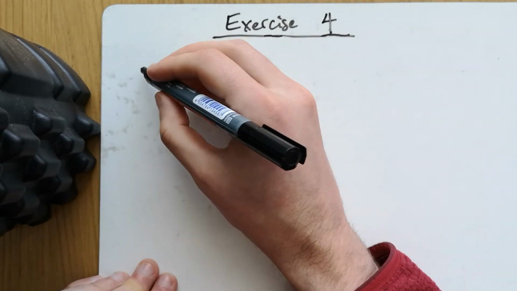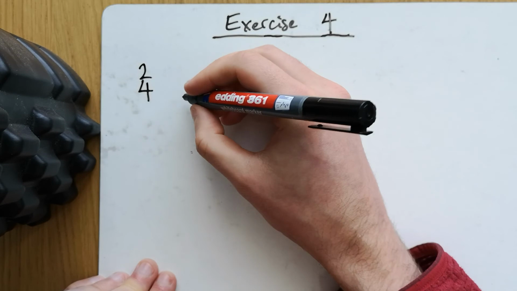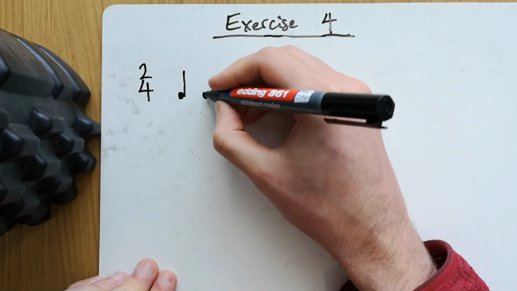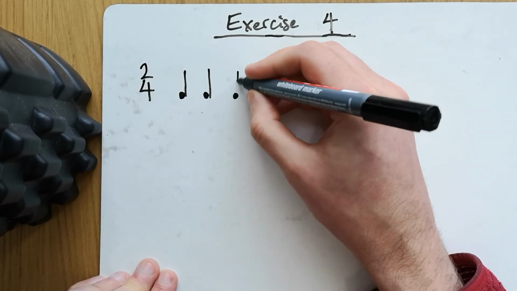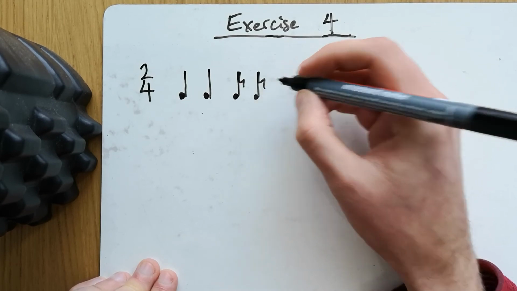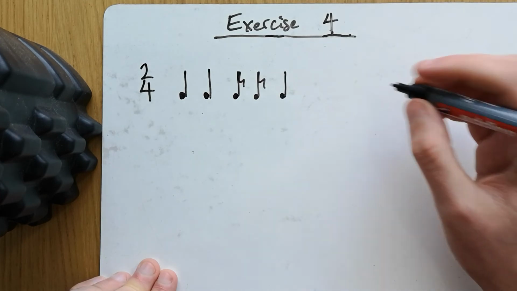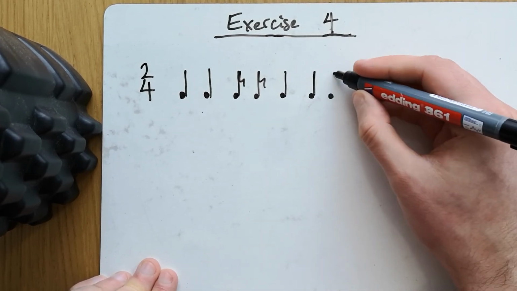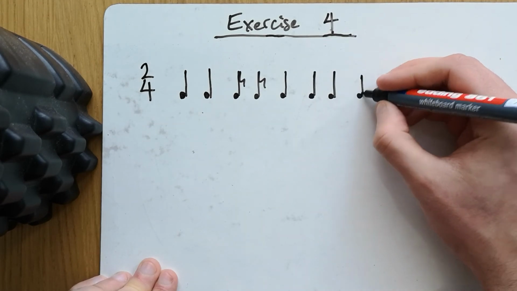So for example, we've got 2/4. I'm going to draw lots of notes just so you're aware. But I'm not drawing any bar lines. And it's for you to know in the time signature 2/4, where should the bar lines go?